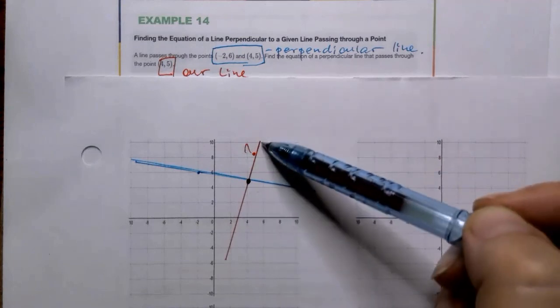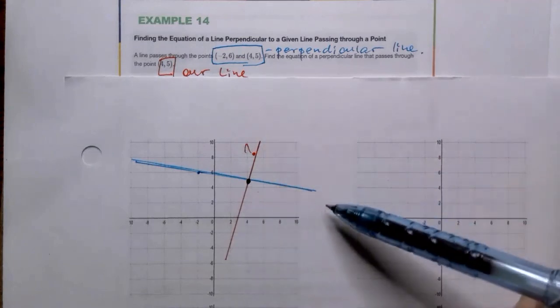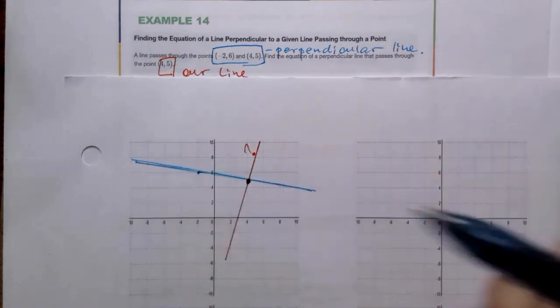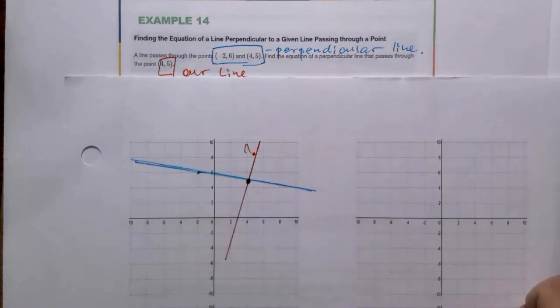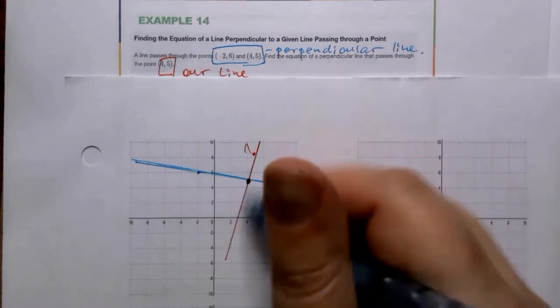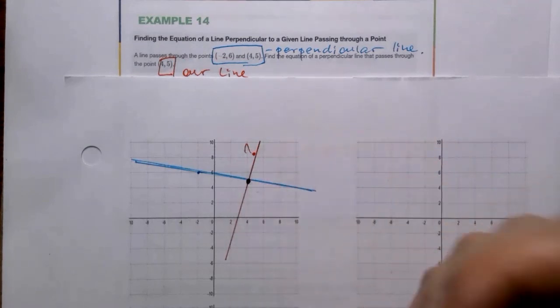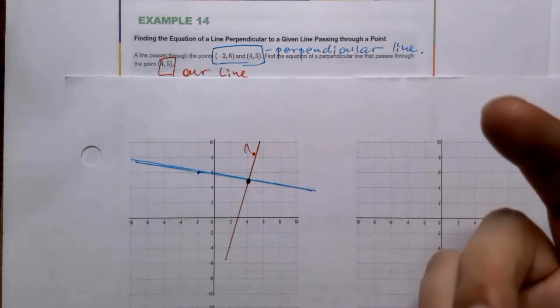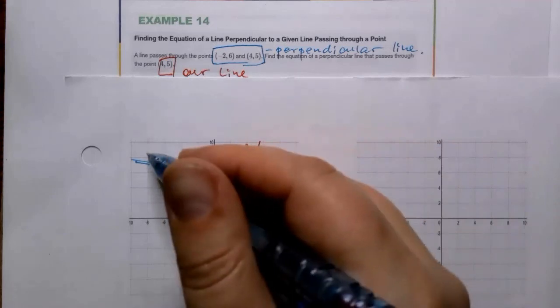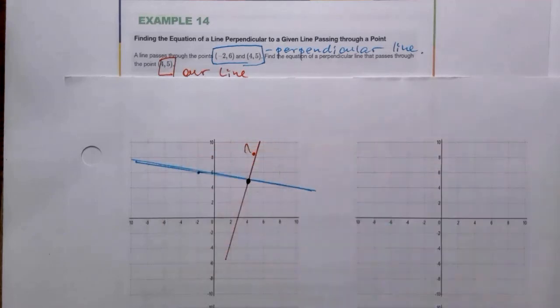So in order to find the equation of the perpendicular line, we first have to find the reference line, okay? And then go on and look for another line. So it's a two-step process. First you find the equation of the reference line, and then you use it to find the equation of the line that they're asking you to find.